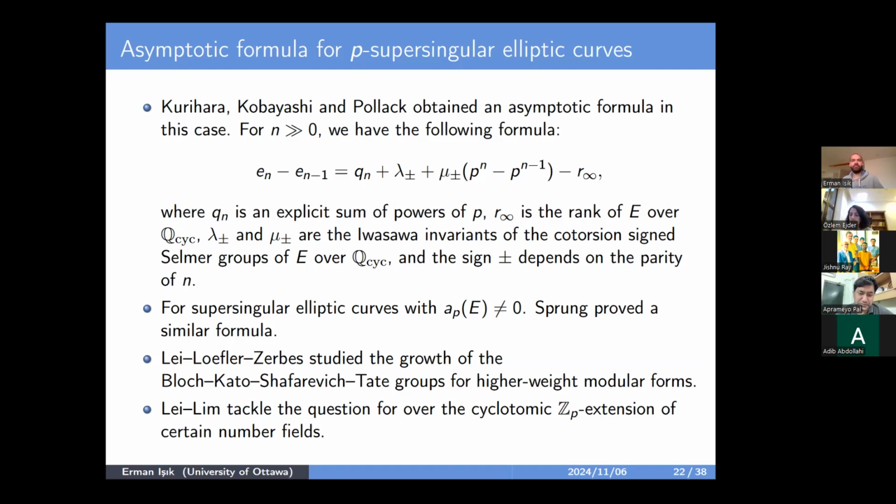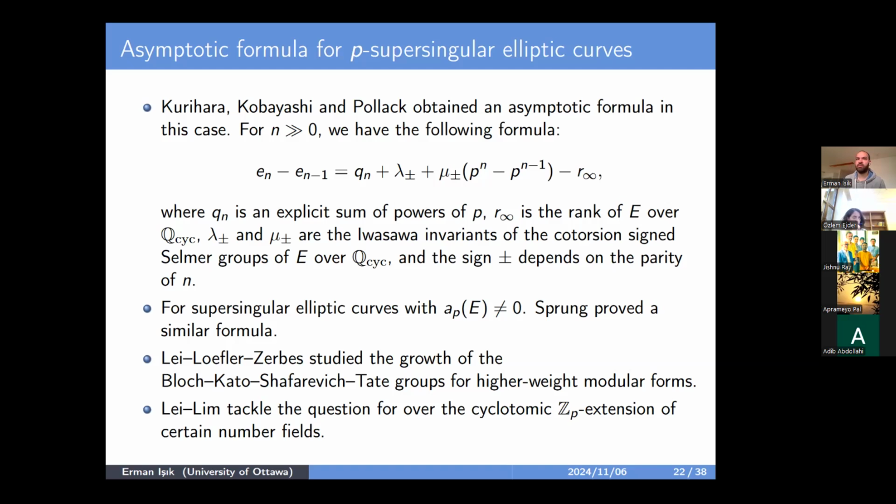Another question: you know that Antonio has a paper where he studies the growth of the signed, the plus-minus Tate-Shafarevich groups. Well, which one are you mentioning? There is probably a paper in Math Z where he has some theorems, and he does not study the growth, but he has some theorems on the signed Tate-Shafarevich group. If you take the signed Mordell-Weil group and the signed Selmer group, you quotient it out and you get the signed Tate-Shafarevich group.